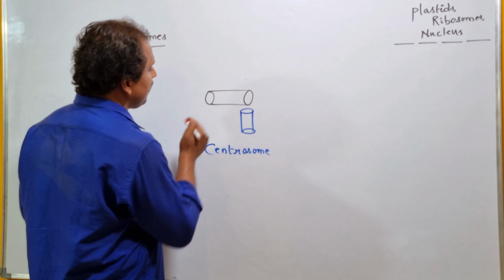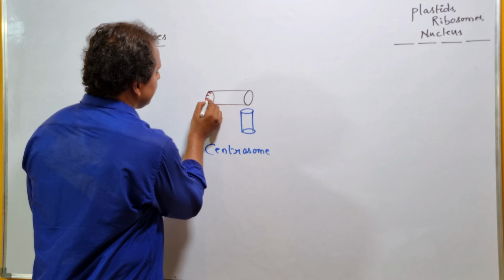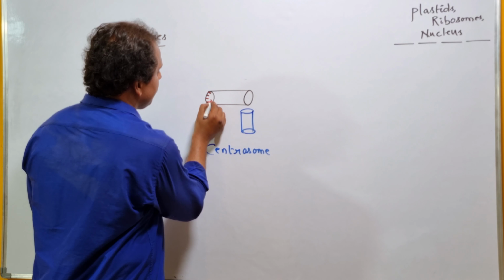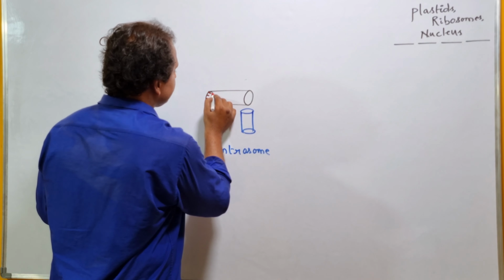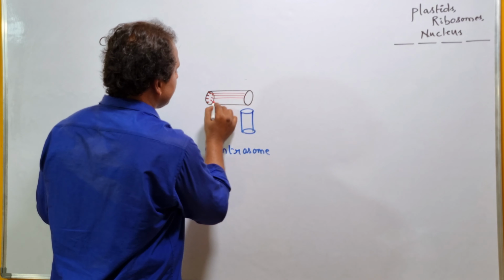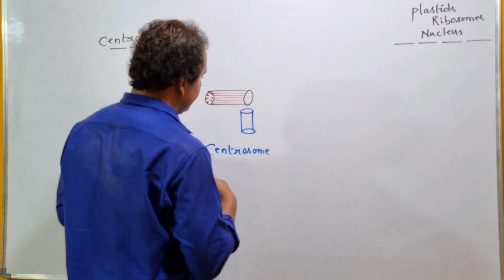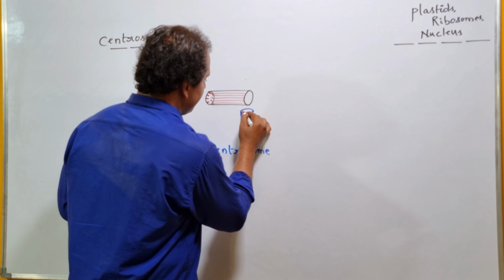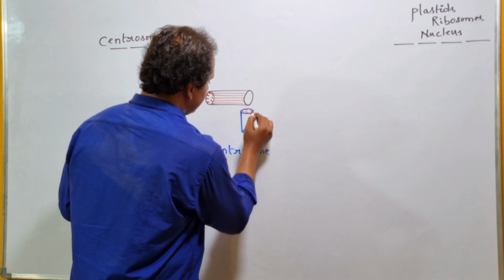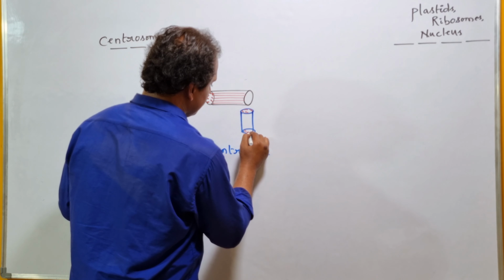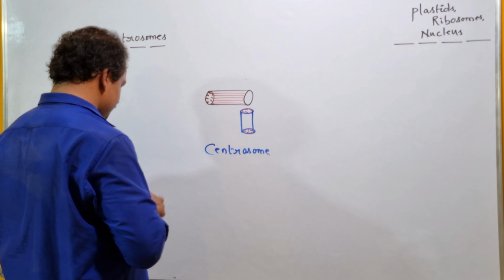All of these are the 9 triplet microtubules.